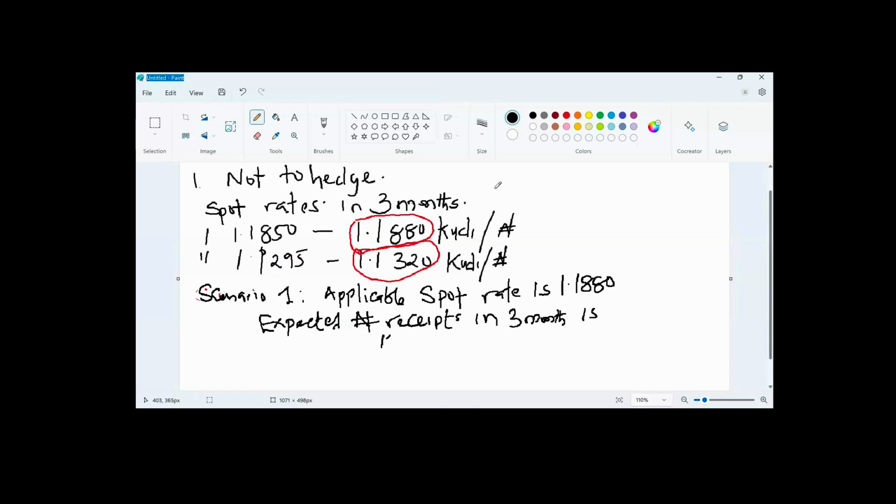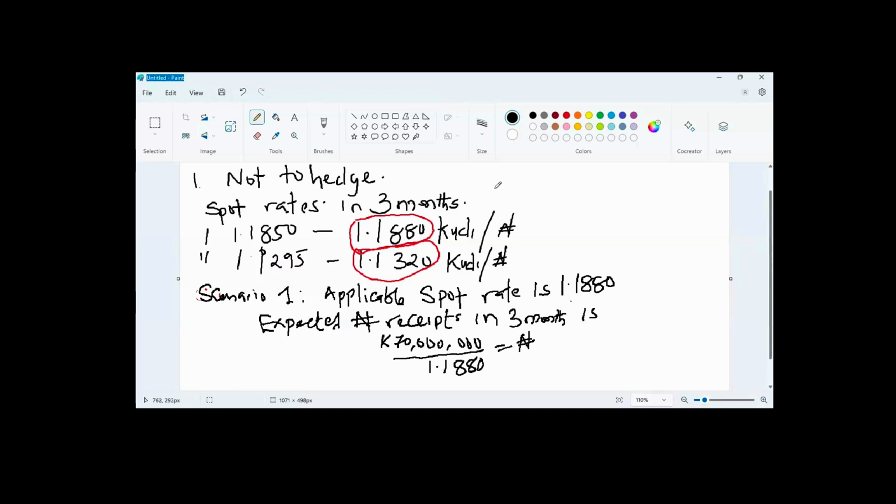I have 70 million kudi. I want to convert it to Naira. The rate is divide by 1.1880. What is the Naira amount?